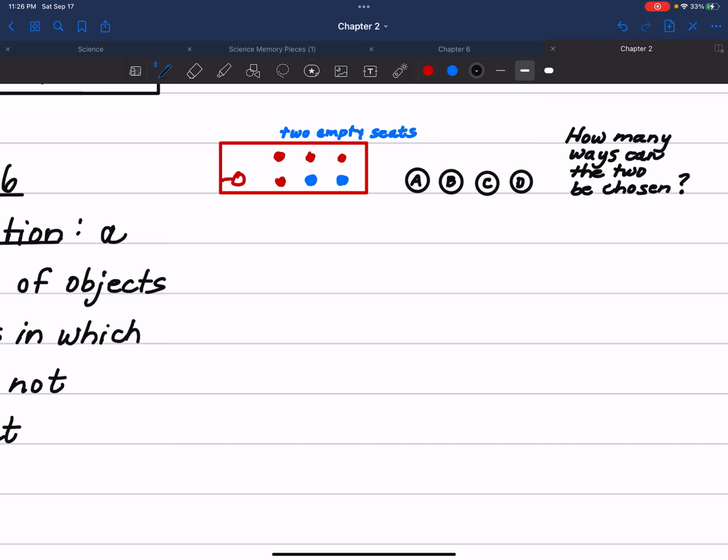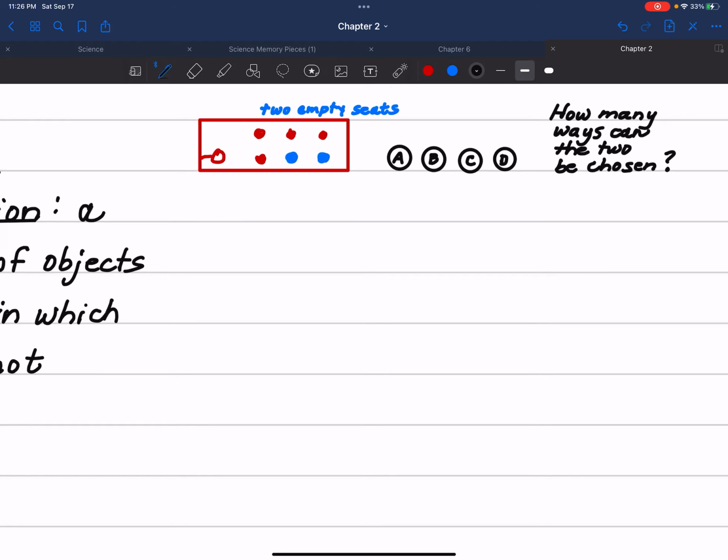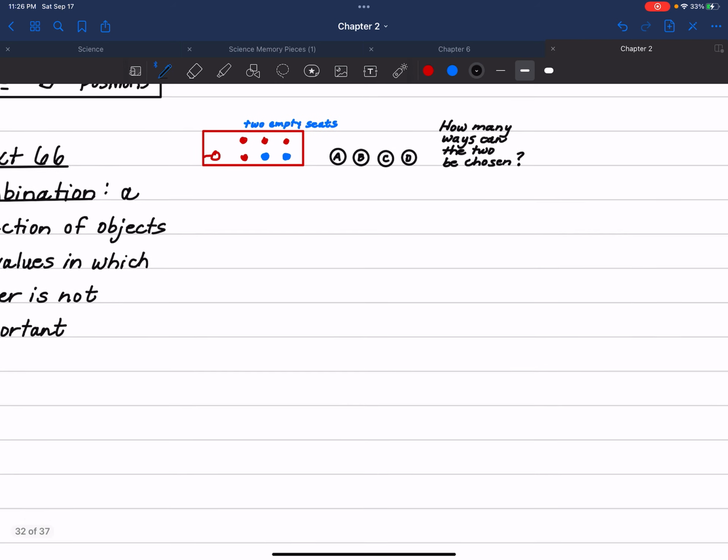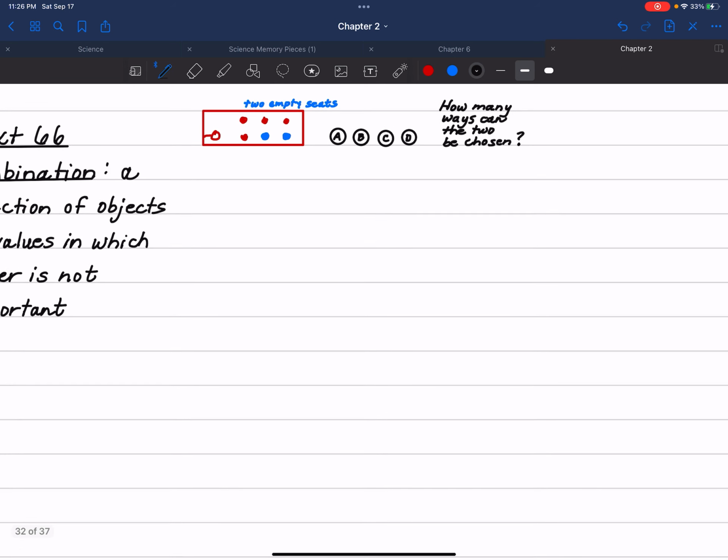I said Adams and Bennett, Bennett and Clark, Clark and Davis. How many ways could we mix them up? To do this one, I'm going to draw a tree diagram to begin with, and then I'll show you the mathematical way. But let's put this in a very clear picture.